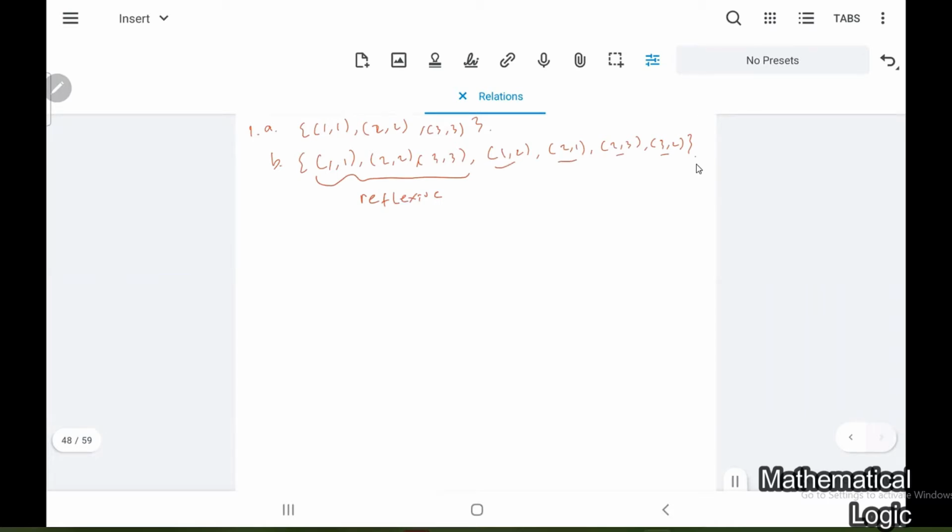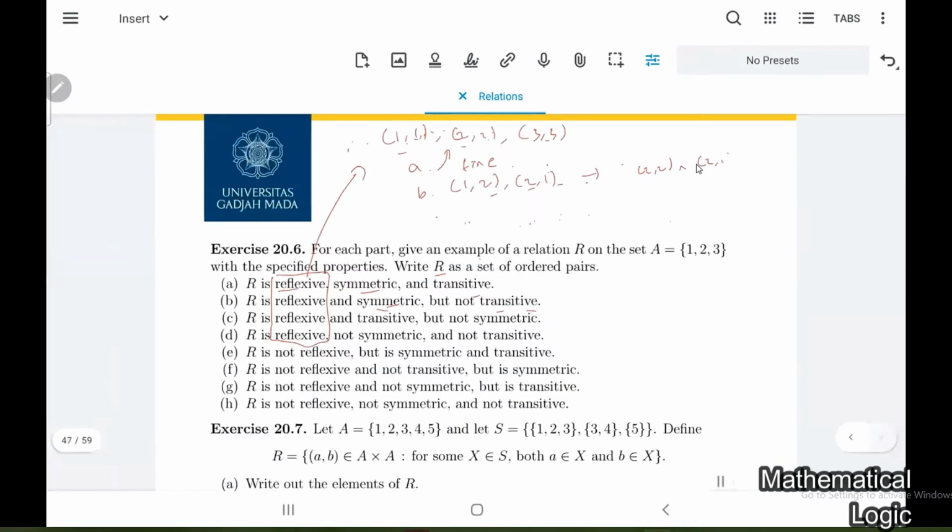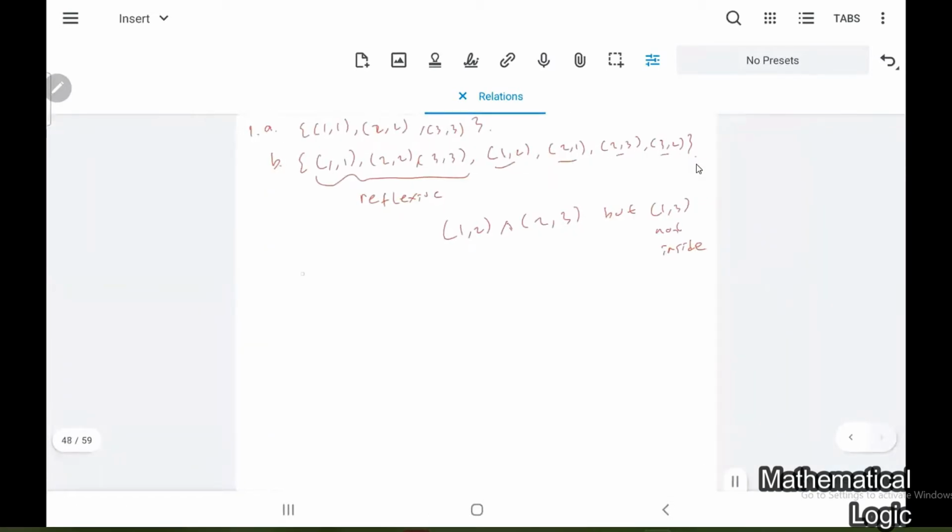And when we look at this, we have 1,2 and 2,3, correct? But 1,3 is not inside. So this one is not transitive. Again, we have to repeat 1,1 and 2,2. And it is not unique. If you get another answer, that's fine.